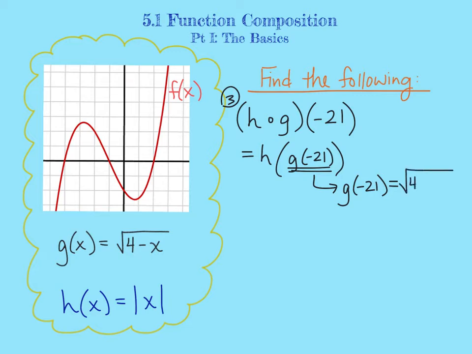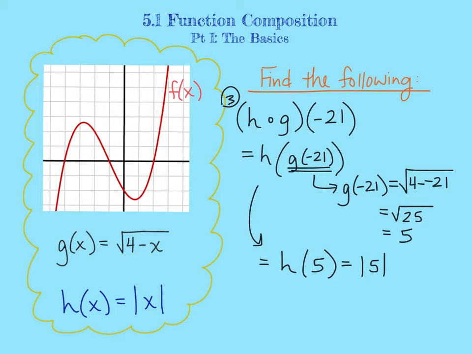So it's 4 minus -21. So we end up having the square root of 25, which is 5. So then we can plug in and find h of 5. The h function, whatever goes into it, we take the absolute value of it. The absolute value of 5 is 5, and that is our final answer.